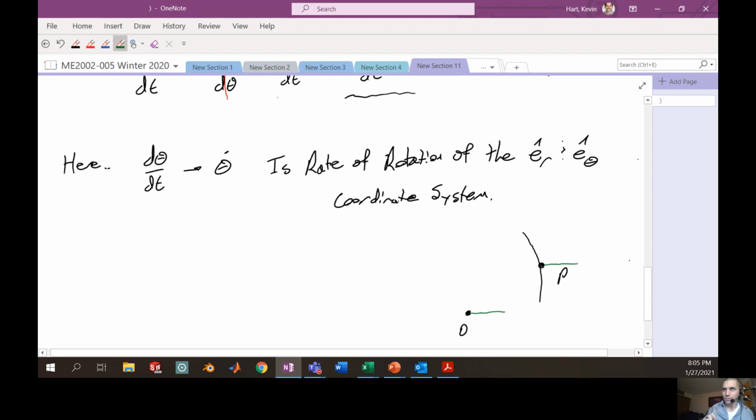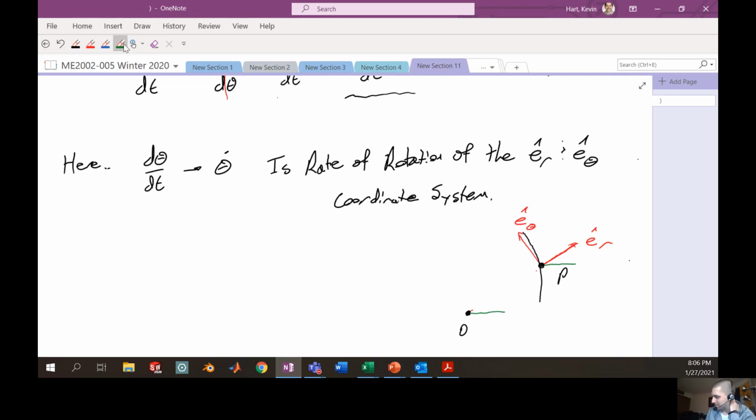And if I were thinking about what are my unit vectors on this particular point, using my radial and transverse unit vectors, it would be, again, thinking about the line of action between O and P as something like that. I could say that continuing right through that line of action is going to be my radial unit vector E hat R. And I also have a transverse unit vector here, E hat theta.